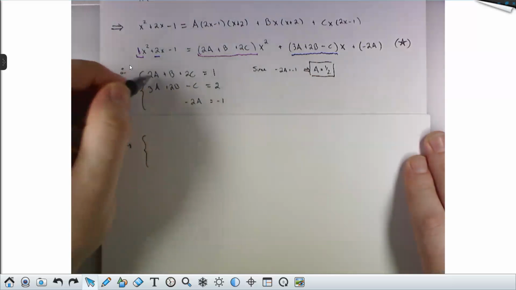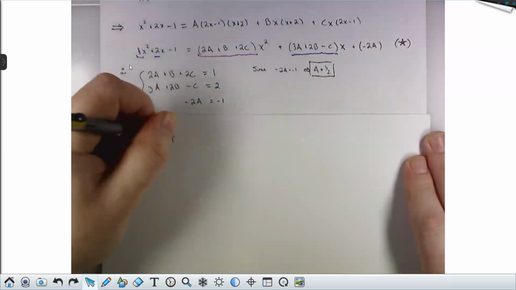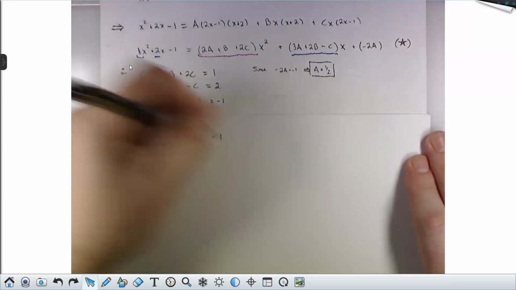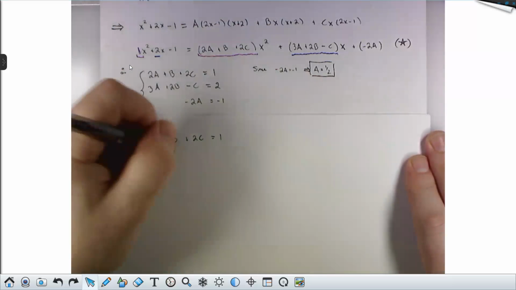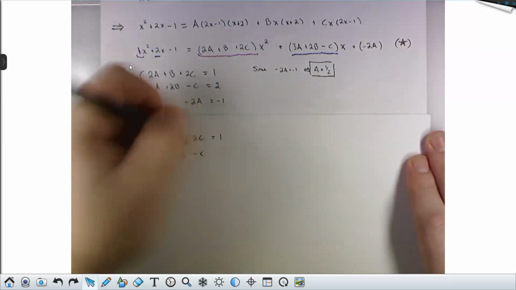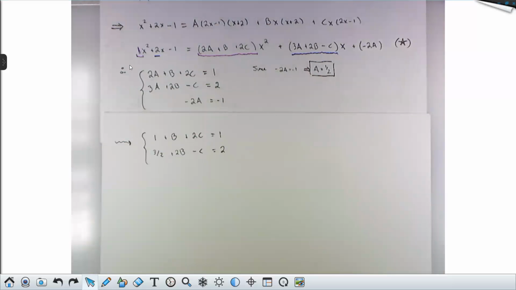So there I'll have 2a, that's 2 times 1/2, that's 1, plus b, plus 2c equals 1. Here I'll have 3a, that's 3/2, plus 2b minus c equals 2. And that last equation, it's no longer useful. I've already gotten everything I can out of it.